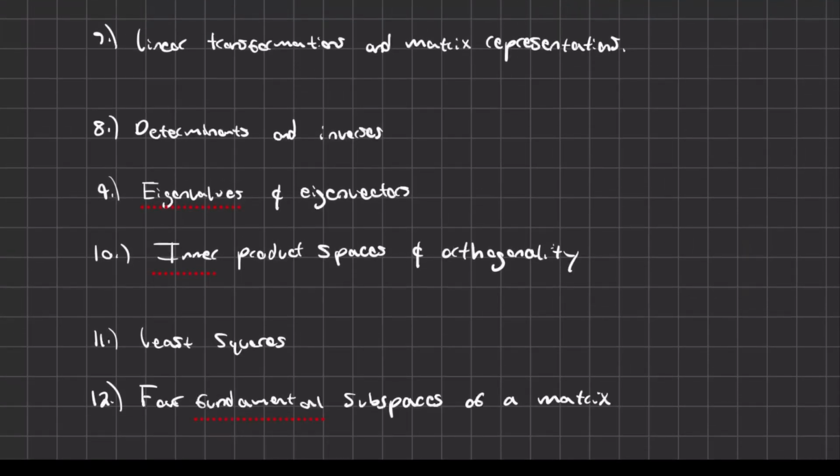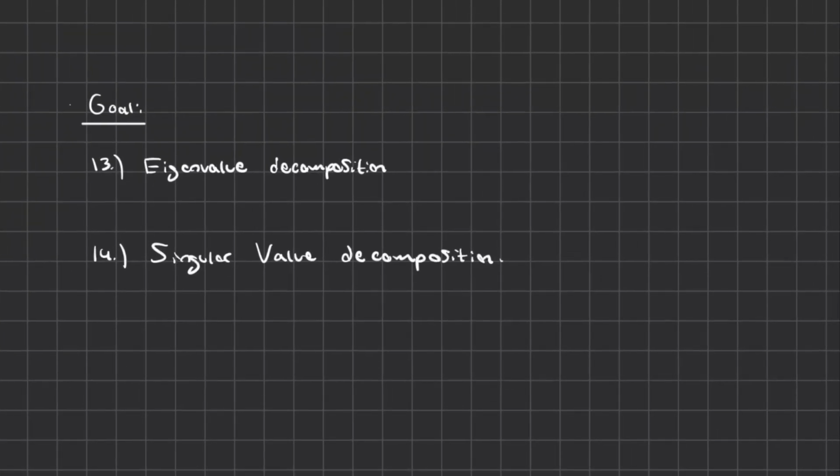And orthogonality will lead really into Gram-Schmidt and QR later. Then I'll mention least squares, so we'll talk about the normal equations, how to find a least squares solution to a system. Then I'll talk about the 4 fundamental subspaces of a matrix. And then we'll talk about the eigenvalue decomposition.